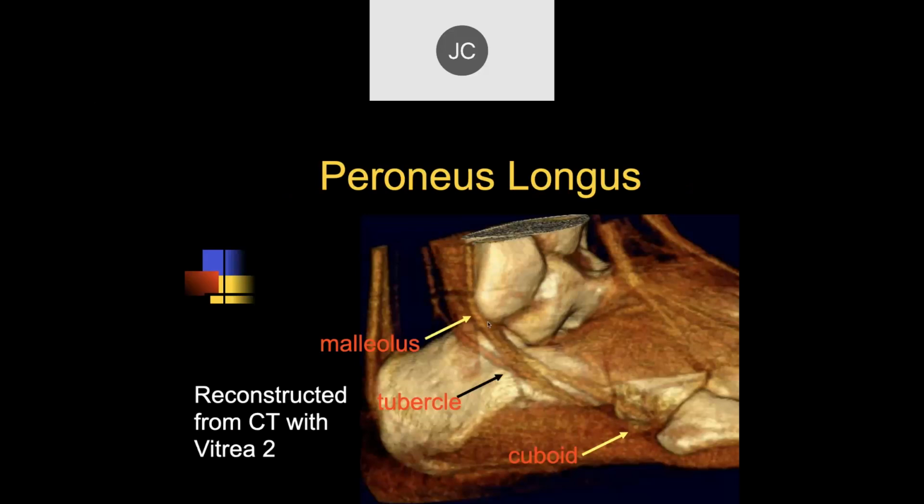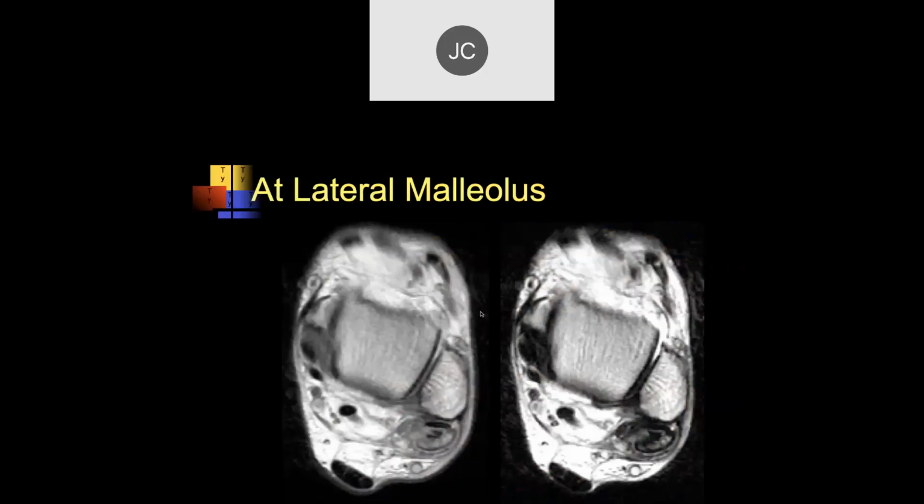Here's a CT reconstruction showing the peroneus longus coming down. This is the level of the lateral malleolus. Here's the level of the peroneal tubercle. And here's where the longus goes around the base of the cuboid. So those are the three locations where you look for injury patterns to the peroneus longus.